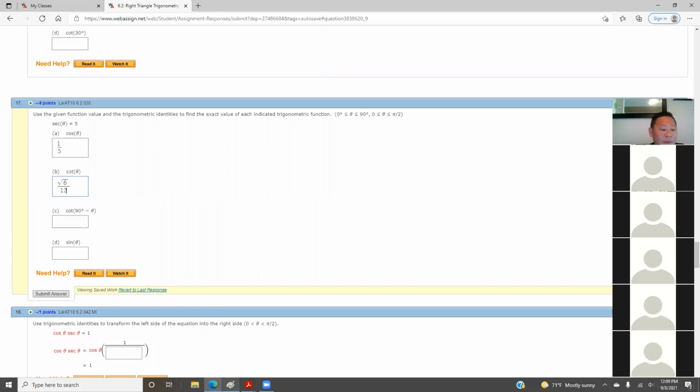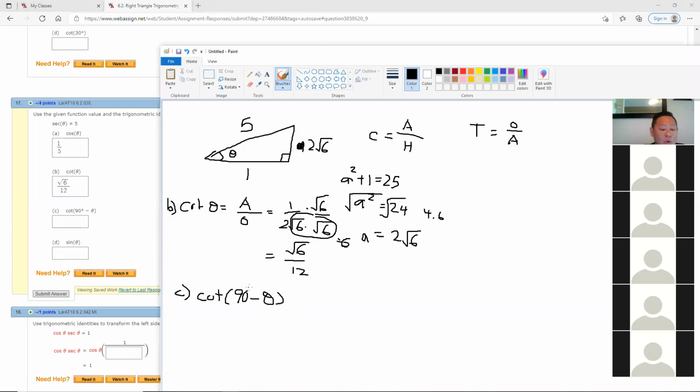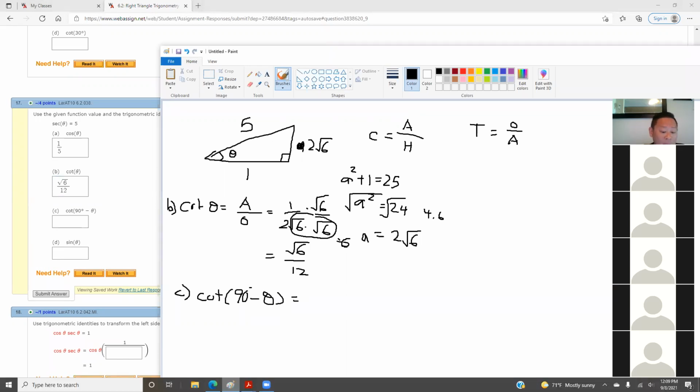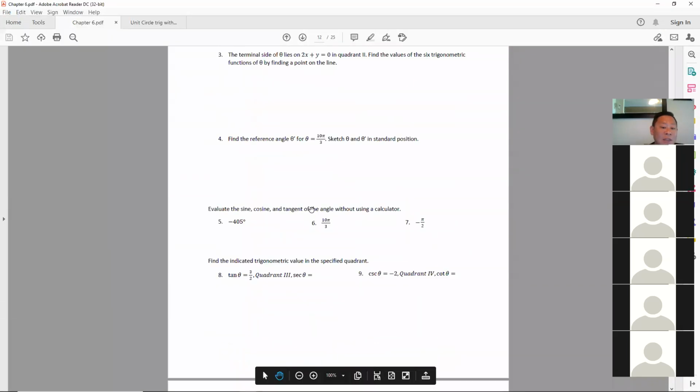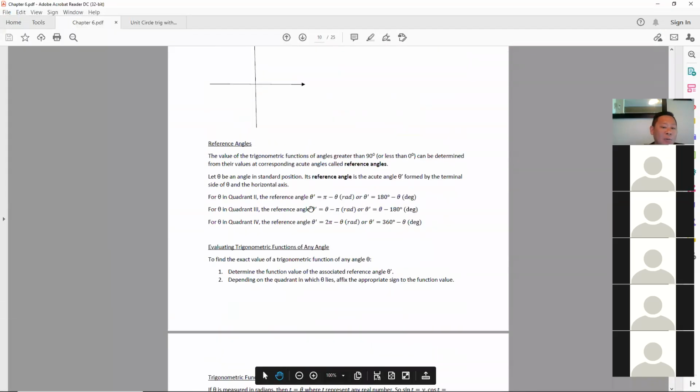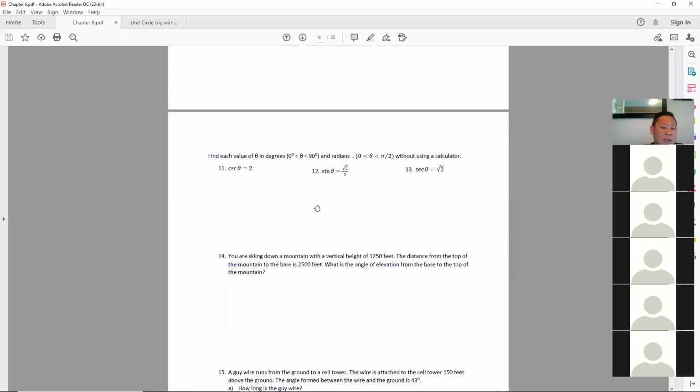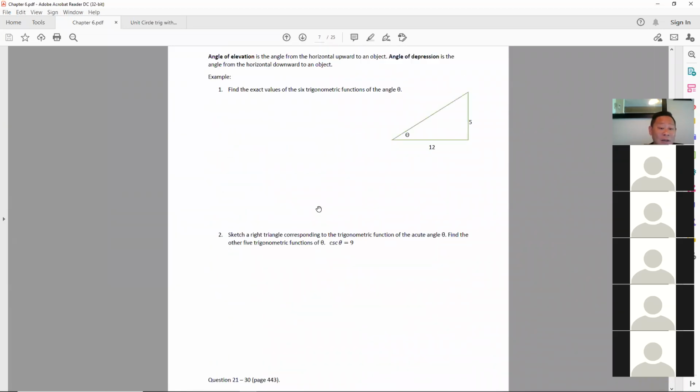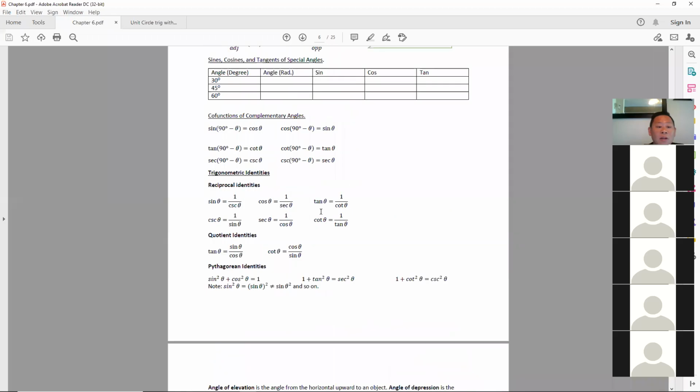The next one we have is cotangent of 90 degrees minus theta. We have a rule for this.